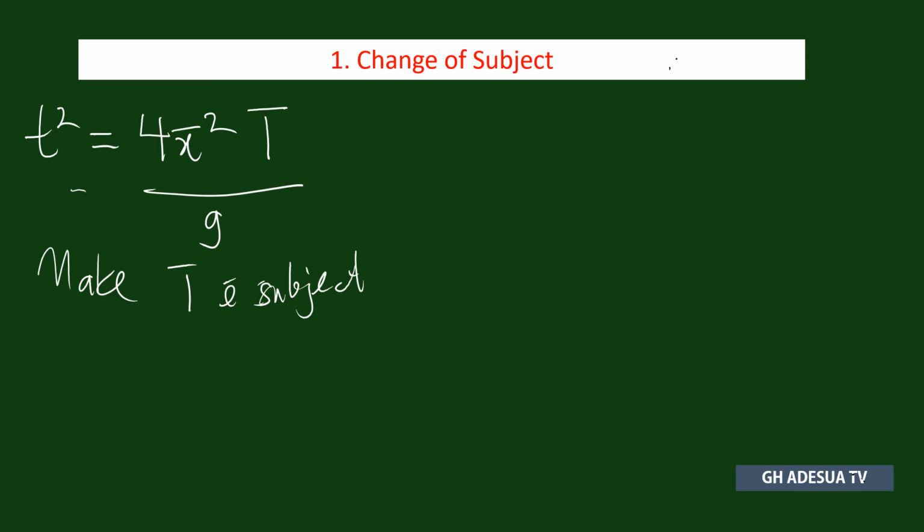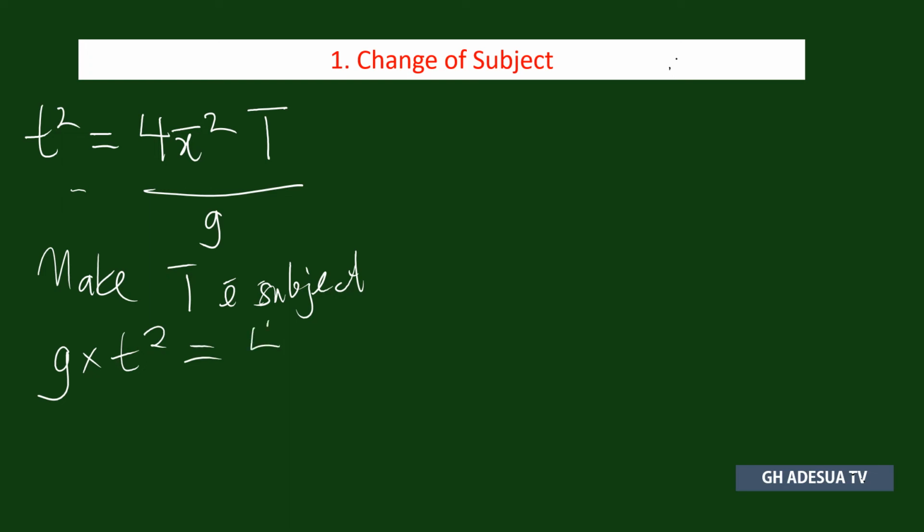So our first step is to clear the denominator. The denominator here is G. So you multiply the equation through by G. So G on the left hand side, G on the right hand side. This is what sometimes you call cross multiply. But the reality is that you are multiplying the left hand side by G and the right hand side by G. So left hand side, G times small t squared.